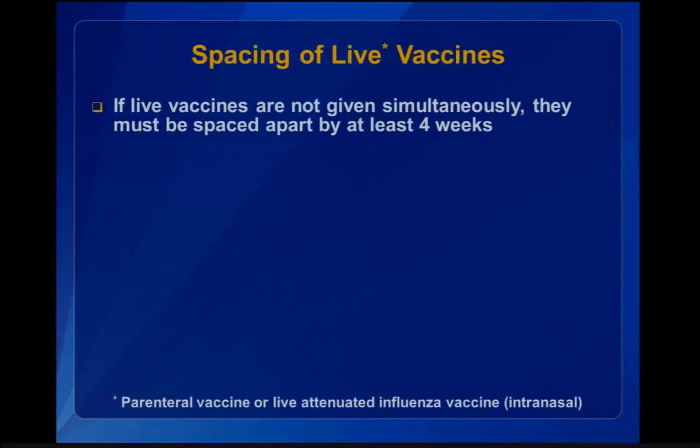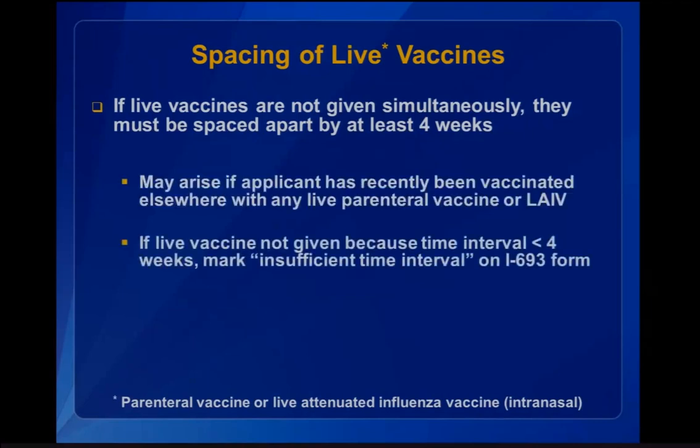So, spacing of live vaccines. This comes up if somebody's received a live vaccine shortly before you see them. They must be spaced apart by at least 4 weeks. These are just the live vaccines. If they've recently been vaccinated before seeing you, with any live injectable vaccine or with the intranasal live vaccine, and the interval is less than 4 weeks, what you can mark on the form is just insufficient time interval.